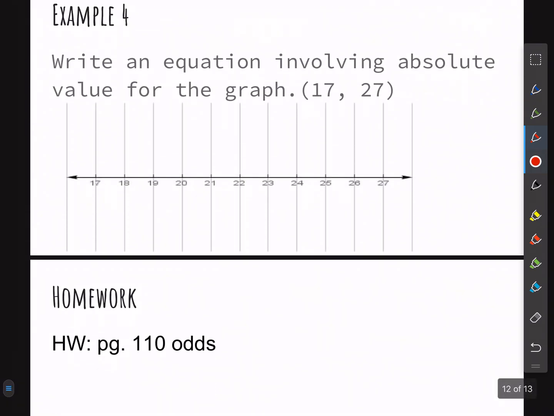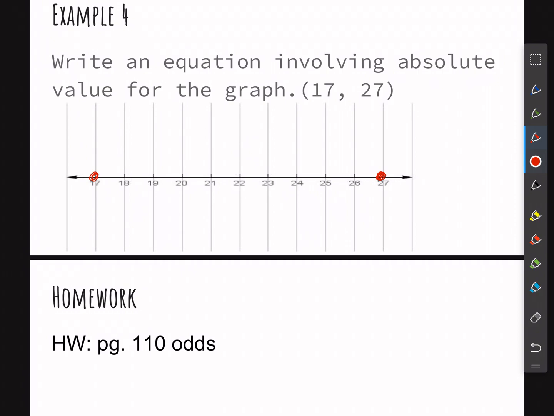So here, for example 4, it says write an equation involving absolute value for the graph. And then it says 17 and 27. So let me see if I can figure that out. So what I think this means is if there's a point at 17 and a point at 27, give me an absolute value equation for that.